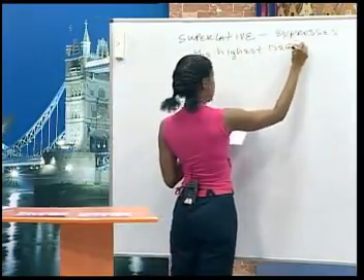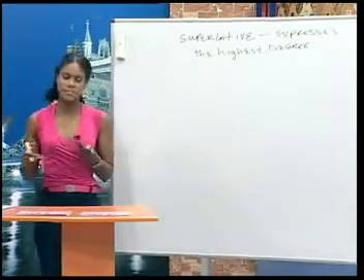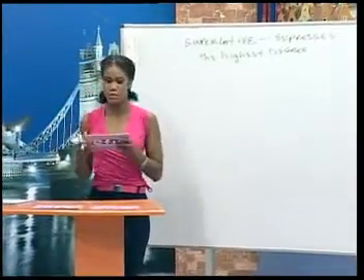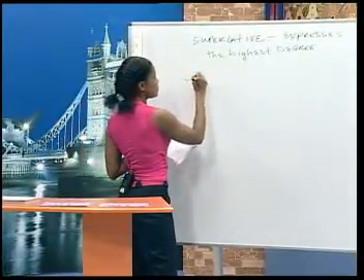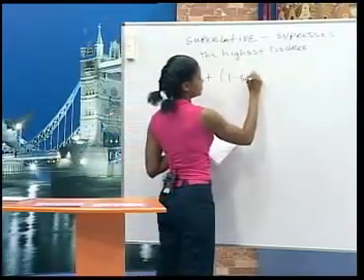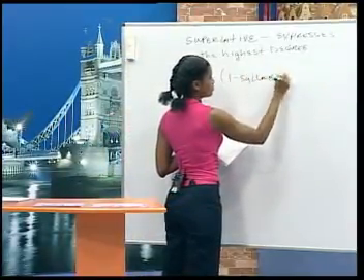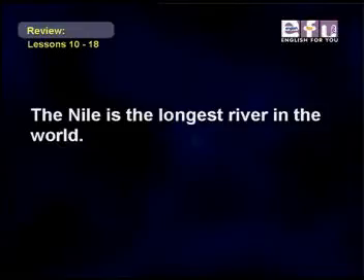So it expresses the highest degree of a certain quality. As with comparatives, there are many rules with superlatives. So for one syllable adjectives, we add est. For example, the Nile is the longest river in the world.